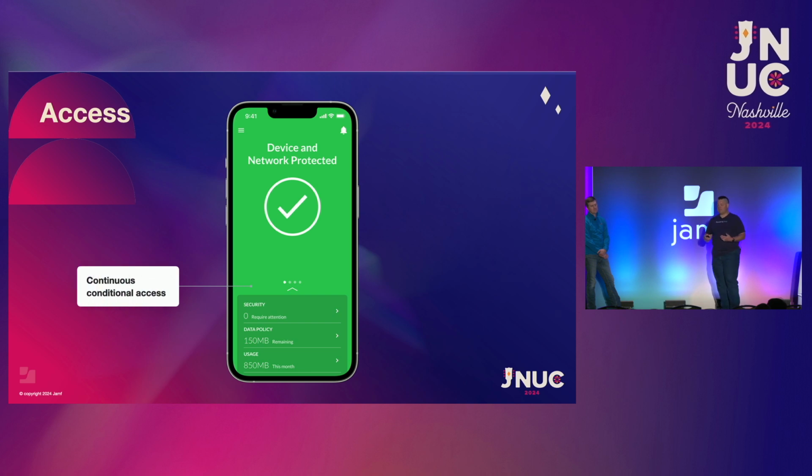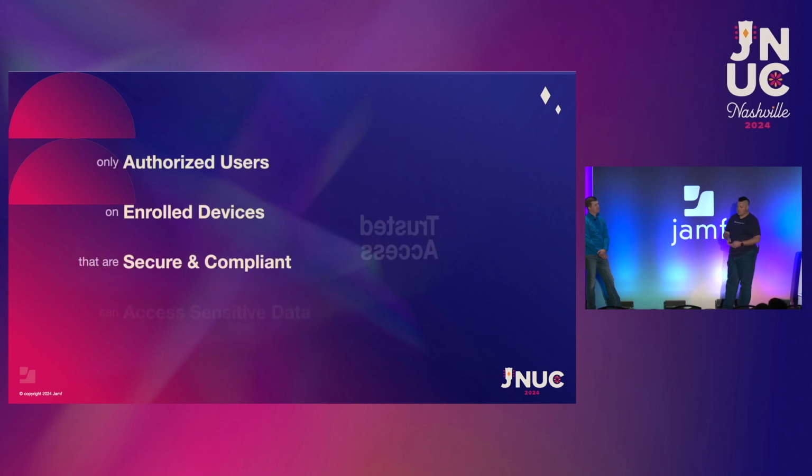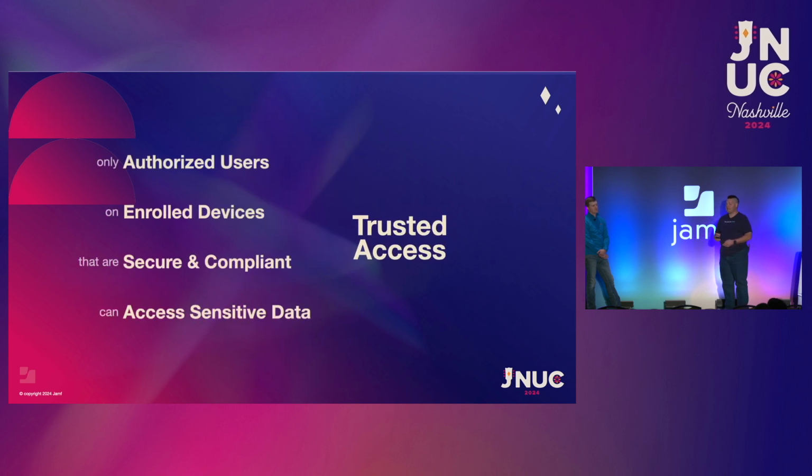This continuous access evaluation goes on even beyond the initial enrollment of the device and standard conditional access that you would do. We're constantly checking the state of the device and reporting it out to a whole bunch of different providers. And that way we can guarantee that only authorized users on enrolled devices that are secure and compliant can access that sensitive data.